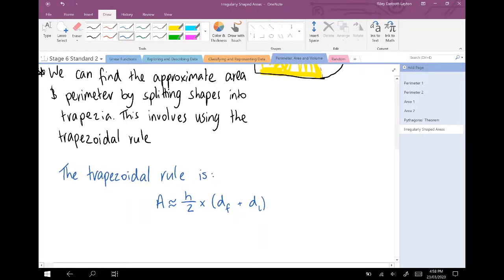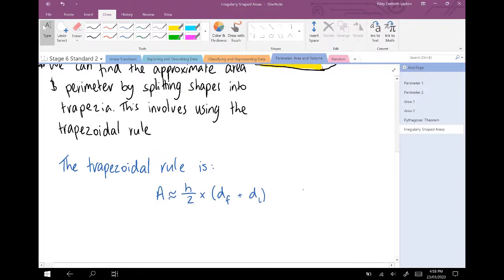I'm just going to jot a little note off to the side where df is our first length, and dl is our last length.